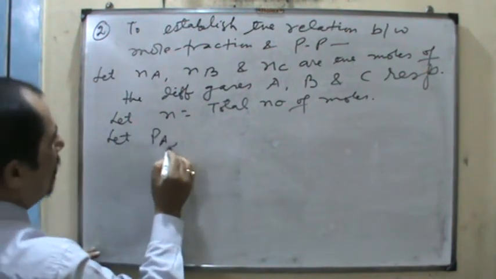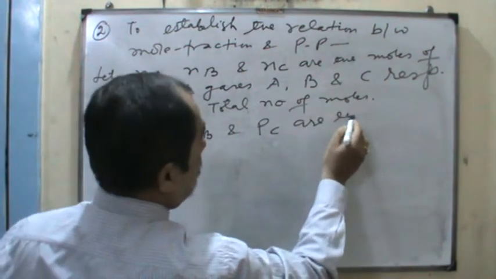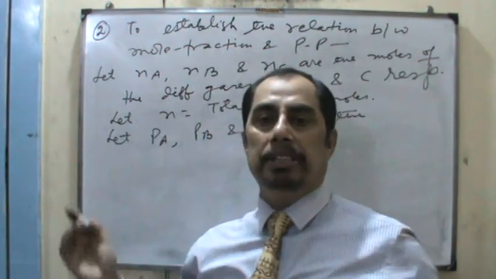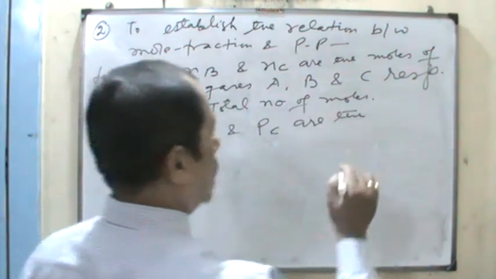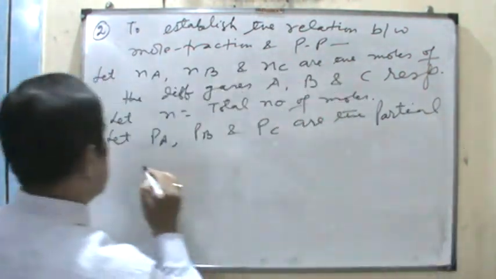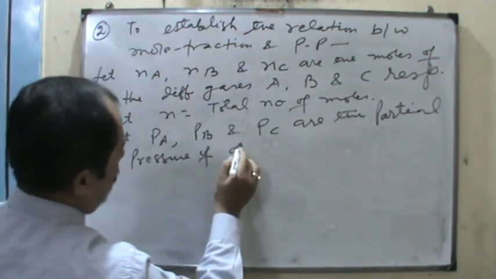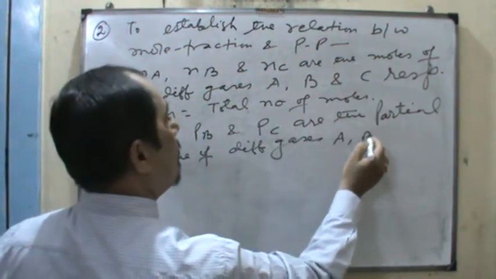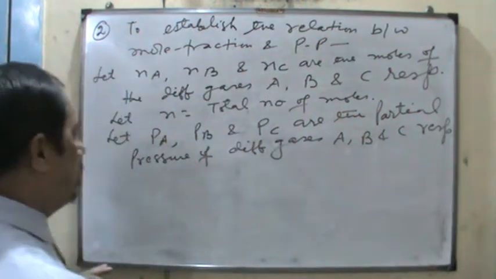Let Pa, Pb and Pc be the partial pressures of different gases A, B and C respectively.